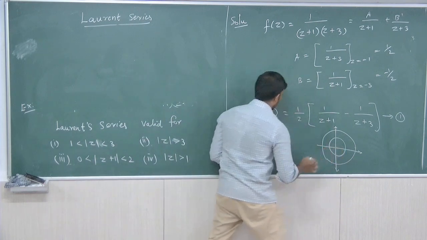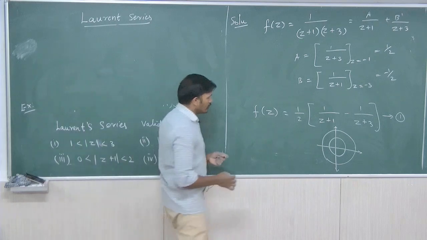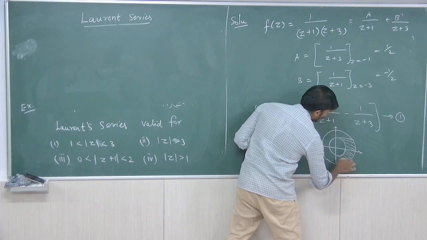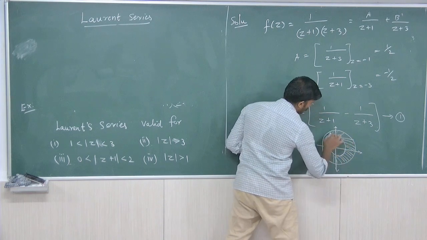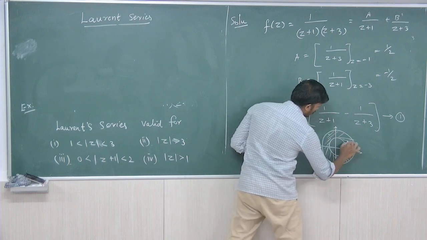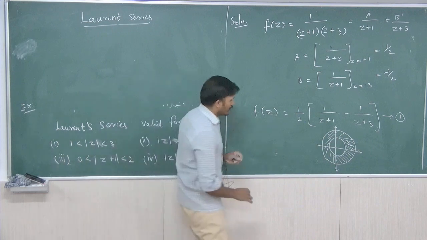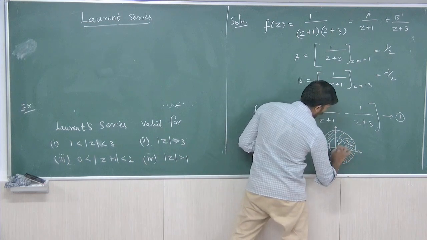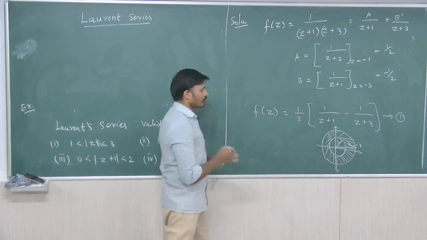So the z value should lie between 1 and 3. That means this is the annulus region. You have to take any z in this region. This is the meaning. The radius of the smaller circle is 1 and the radius of the larger one is 3, right?